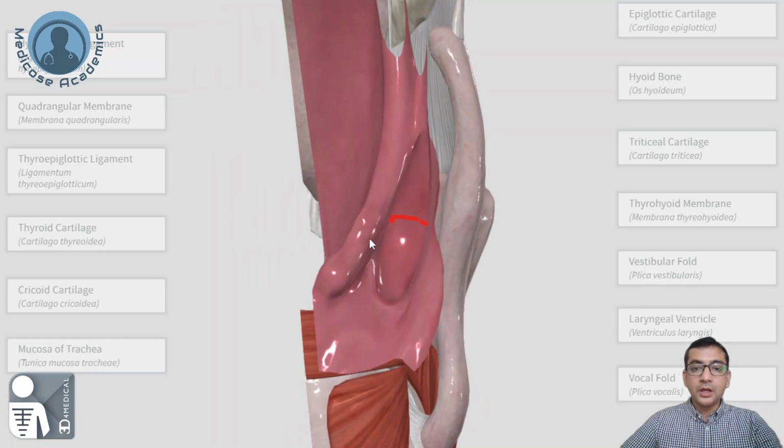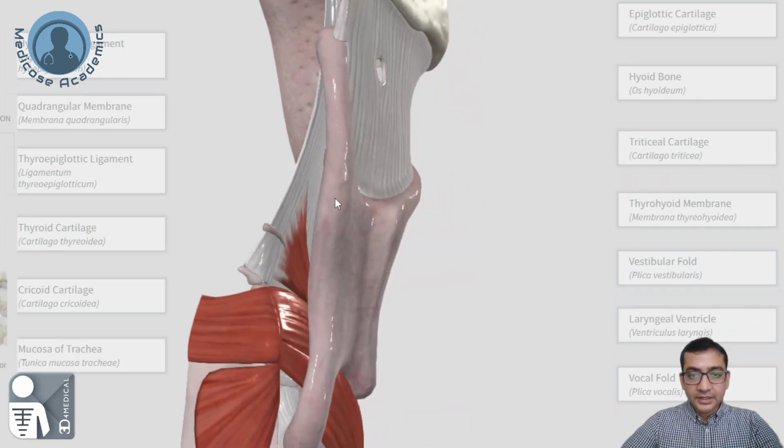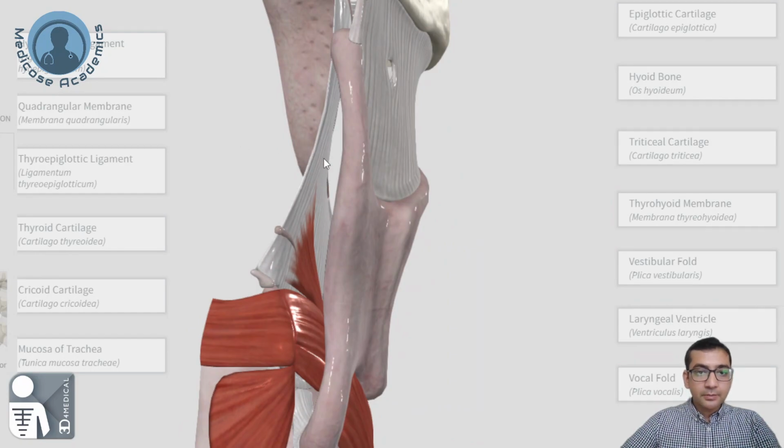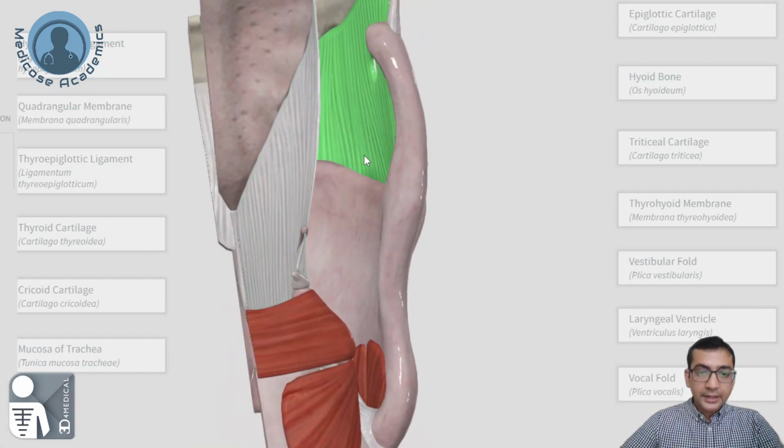This piriform fossa, if I remove this membrane, this is the mucosa. On the medial aspect, it is being covered by this membrane, the quadrangular membrane. On the lateral aspect, it is bounded by the thyroid membrane.